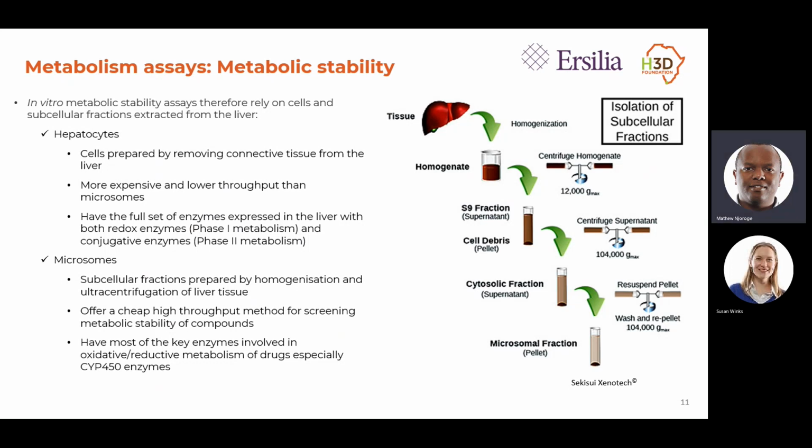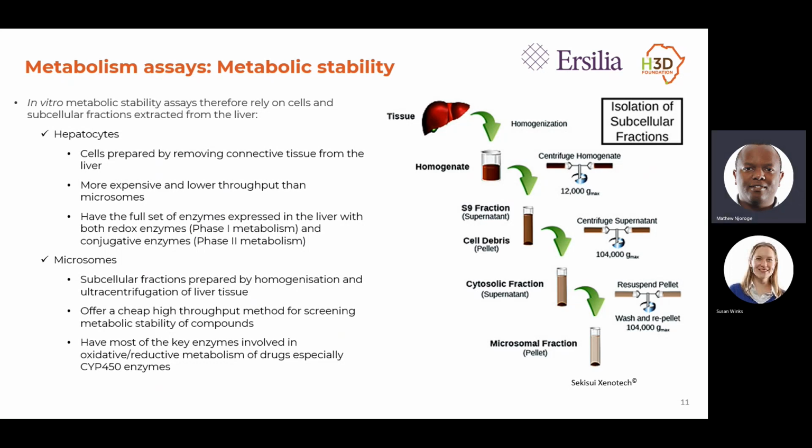But of course, getting hepatocytes, that is intact cells from a whole human liver, is a complicated process. If you do it yourself, of course, it's complicated. If somebody else does it for you, then there is a cost element as well. So it tends to be the lower throughput assay and the more expensive assay to perform.